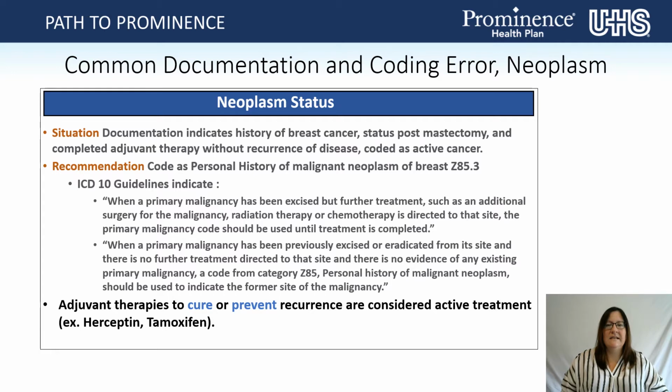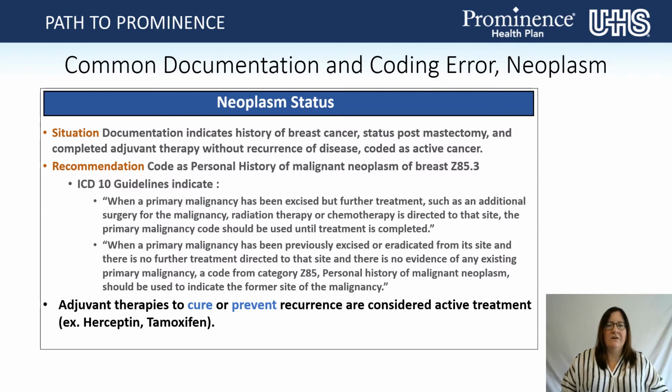Per the ICD-10 guidelines, when a primary malignancy has been excised, but further treatment such as additional surgery for the malignancy, radiation therapy, or chemotherapy is directed to that site, the primary malignancy code should be used until the treatment is completed. In that example, it would be active cancer.